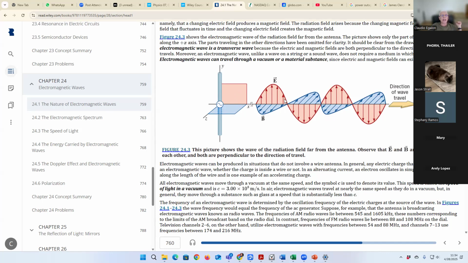Okay, it produces an electric field, and because the electric field is varying as time goes by, it's also producing a magnetic field that tags along with it. And this propagates away from this antenna, just like a wave propagates in a string. Okay?